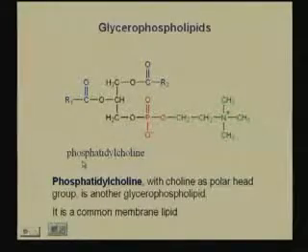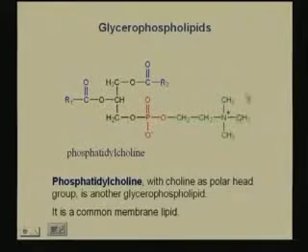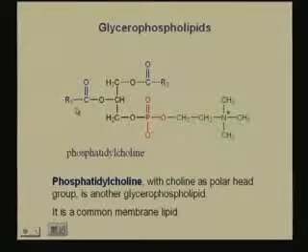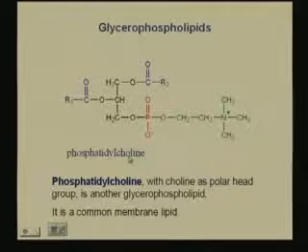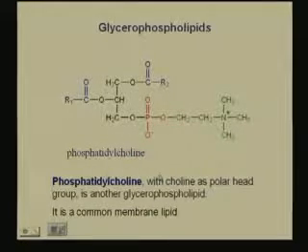I can also have phosphatidyl ethanolamine. I can have phosphatidyl serine. Each of these, the difference you understand is going to be just in the X group in this case. So, we can have identical R1s and R2s for phosphatidylcholine, phosphatidylserine, phosphatidylethanolamine, and so on and so forth.